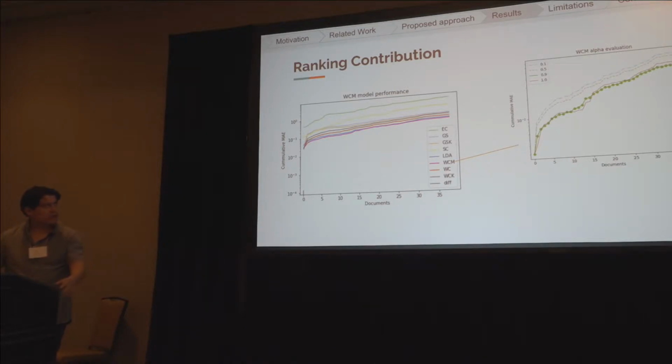Then we performed the ranking, comparing several methods to our method, which is the WCM, weighted contribution measurement, and we also tested the alpha evaluation, which is the weight in each of the metrics. So we calculated the cumulative mean error.